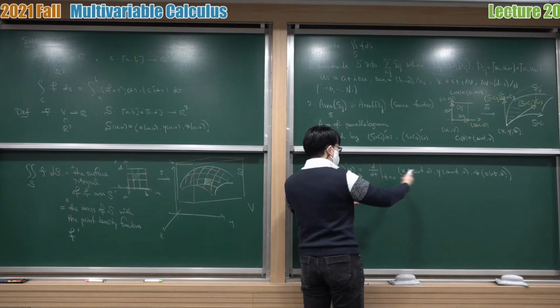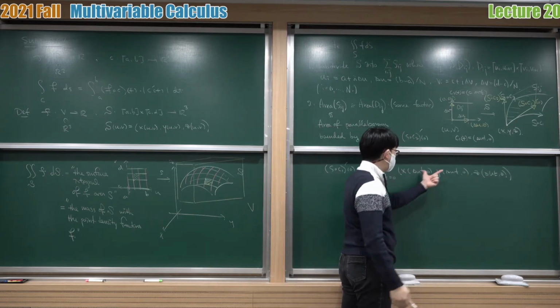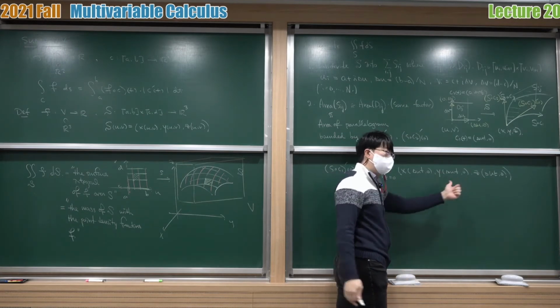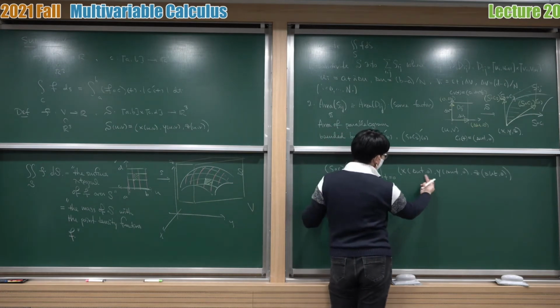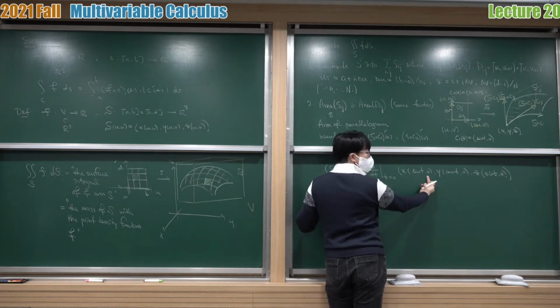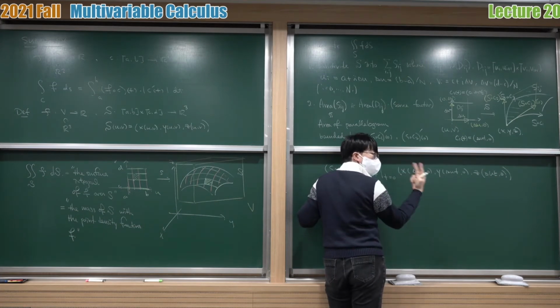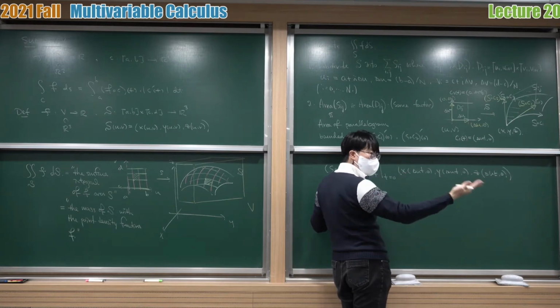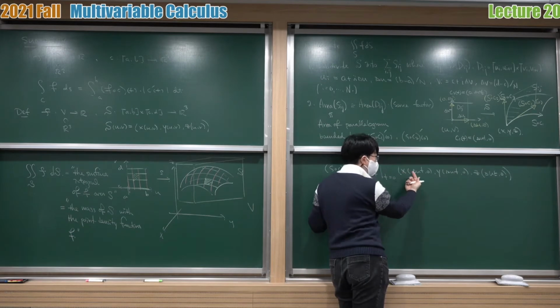When you take the derivative of this, you take the derivative in t for each coordinate. What happens when you take the derivative of this kind of function? This is a composite of two multivariable functions. Therefore, you should use the chain rule.